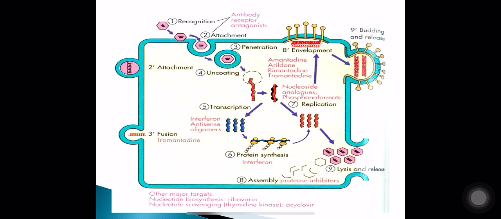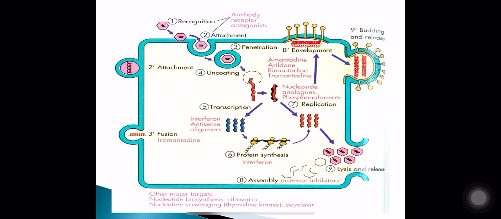Now this is a figure which shows all the 6 steps in one figure. Attachment of the virus on the host cell, that is adsorption, and then penetration, then uncoating, and after uncoating comes the step of biosynthesis, which has transcription, translation, replication and synthesis of late proteins. After biosynthesis, assembly takes place, and after assembly the daughter viruses are released from the host cell.